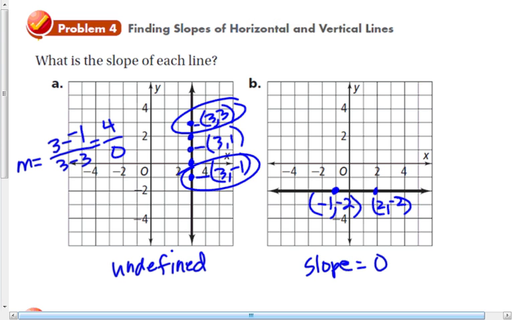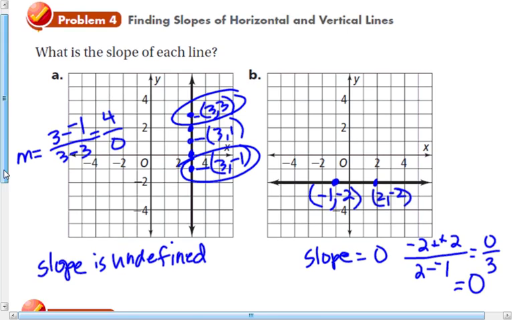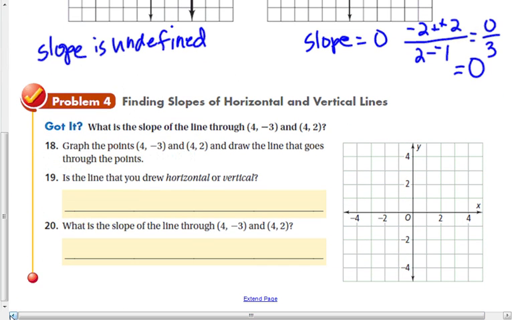If you take the y coordinates, negative 2 minus negative 2, and subtract the x coordinates, 2 minus negative 1, you end up with 0 over 3, and that's equal to 0. So it's 0 divided by something. So undefined slope if it's a vertical line, and the slope is 0 if it's a horizontal line. Go ahead, you try that.